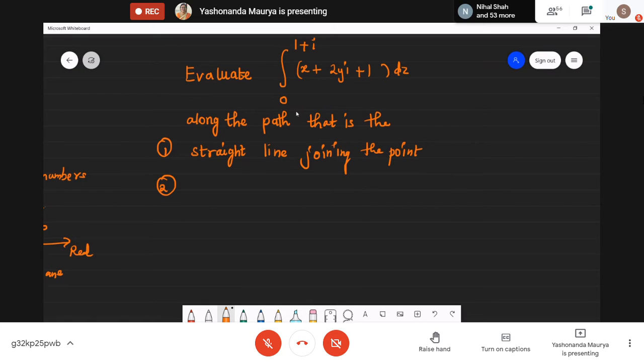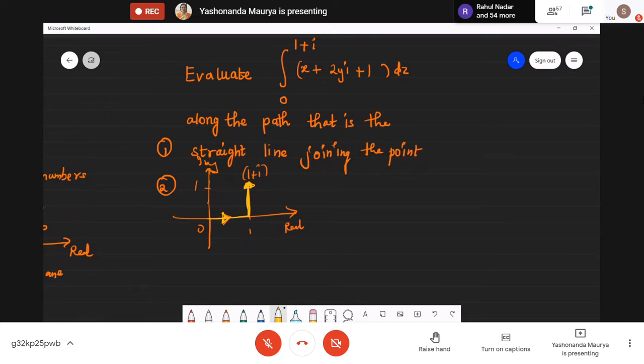So from 0 to 1 this way, and 1 plus i will be this point. This is the real axis. This is the imaginary axis. And the path is given by from here to here, from here to here, and then from here to here. Okay, so this is the path, this yellow one.